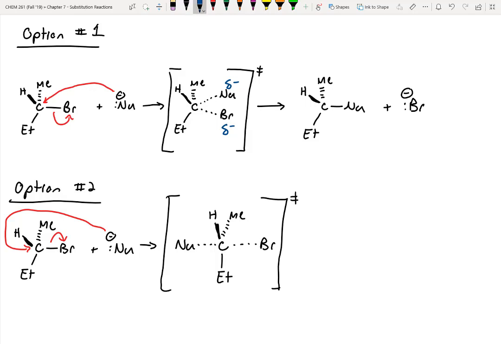And just like before, the nucleophile will be partial negative. The bromine will be partial negative. And then quickly we can say that once all is said and done, the nucleophile will be attached on the opposite side.